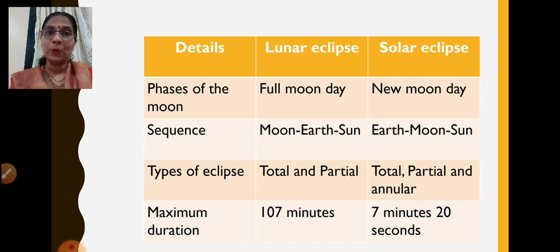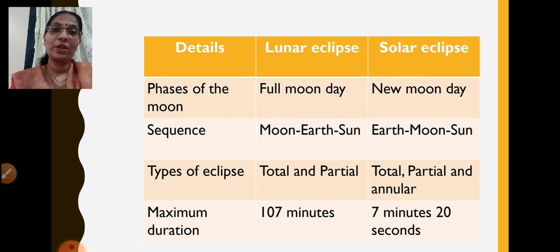There are two types of lunar eclipse, the total and partial. And for solar eclipse, we have three types: total, partial and annular. The annular solar eclipse is a rare phenomenon. It occurs very rarely, it does not occur frequently. And the maximum duration of a total lunar eclipse is 107 minutes and of a solar eclipse is 7 minutes 20 seconds.